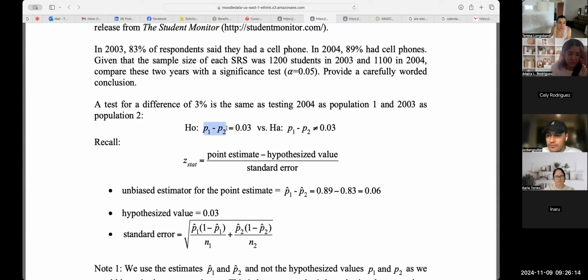I use my rules of means and variances, and remember that if the two variables are independent, I just add their variances together. So this is the variance of the first one plus the variance of the second one. And then I take the square root to get back to the standard deviation, which I call the standard error.